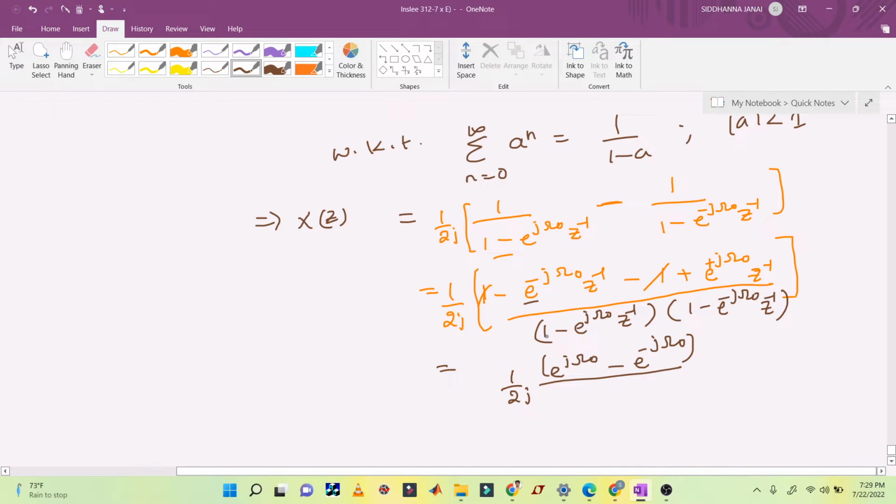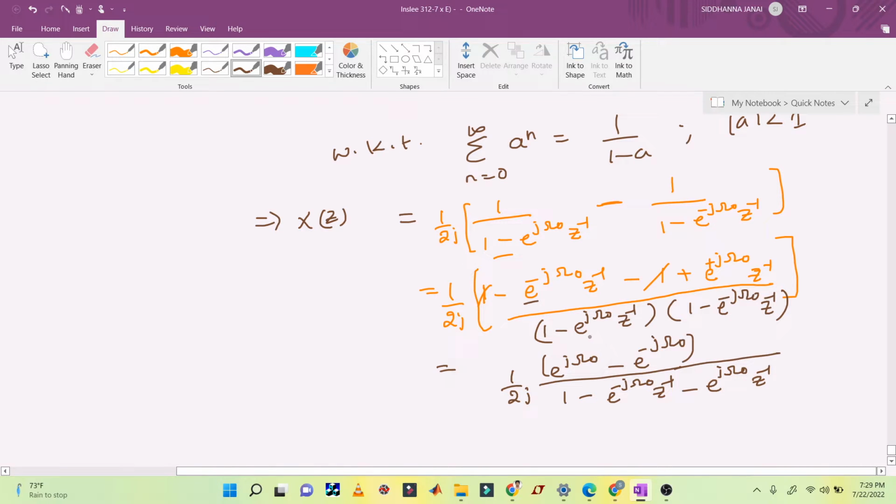So let us cross multiply the terms in the denominator. 1 into 1 is 1, minus 1 into e to the power minus j omega naught z inverse, then minus e to the power j omega naught z inverse multiplied by 1, again minus e to the power j omega naught z inverse.